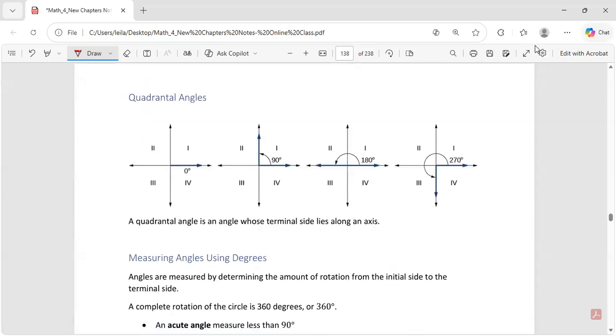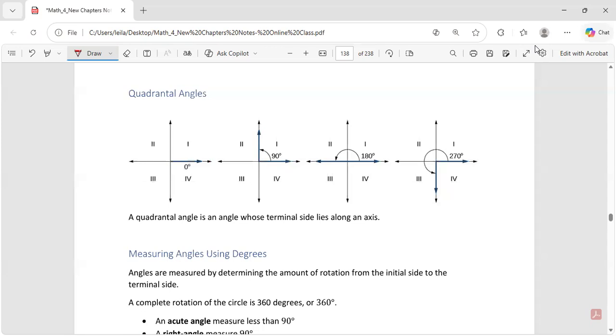Quadrantal angles. What are quadrantal angles? Quadrantal angles are the angles whose terminal side lies on an axis. It can be the x-axis or it can be the y-axis. In standard position, the initial side is always on the positive side of the x-axis.